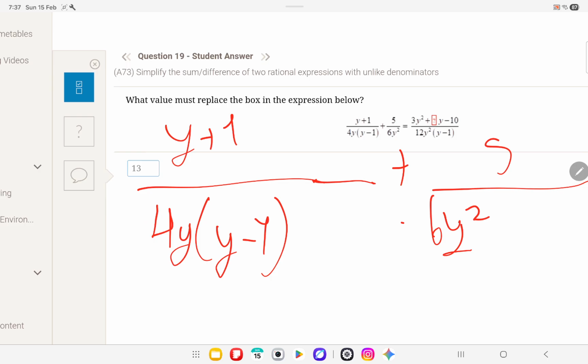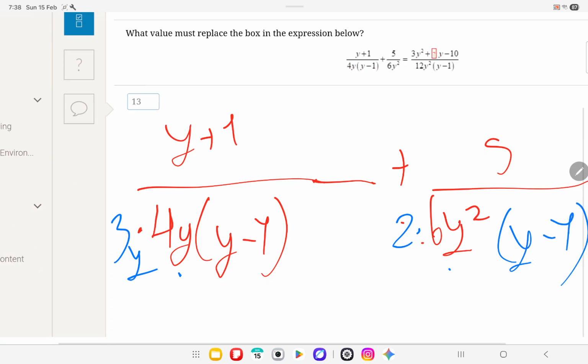It is 12. So we times 3 here and times 2 here. Now it'll be y and y squared. How does y become y squared? We do times y. So times 3y. Now all that's missing on this side will be y minus 1, so times y minus 1.